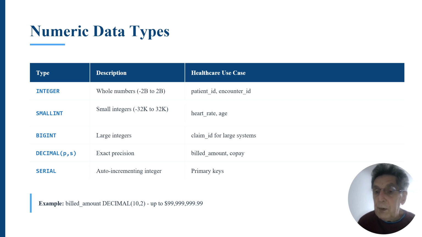Serial is auto-incrementing integers where Postgres manages the sequence for you. This is perfect for surrogate primary keys when you need a sequence number. Let's think of a healthcare example. The billing amount: bill amount is usually going to be a decimal 10,2. A $100 charge must say exactly 100.00, not 99.999 due to floating point errors.